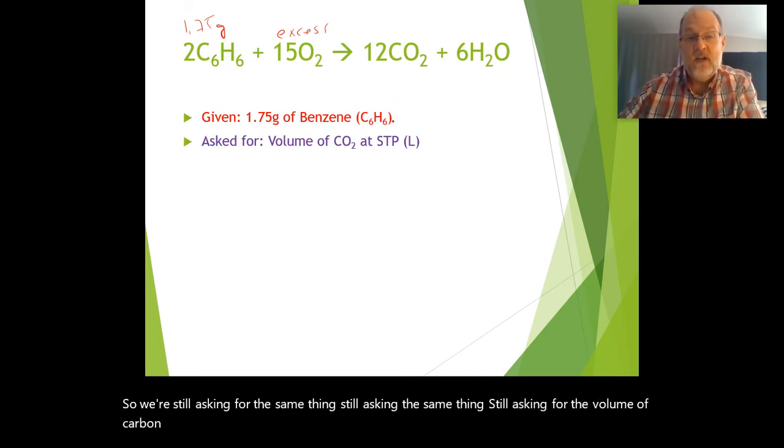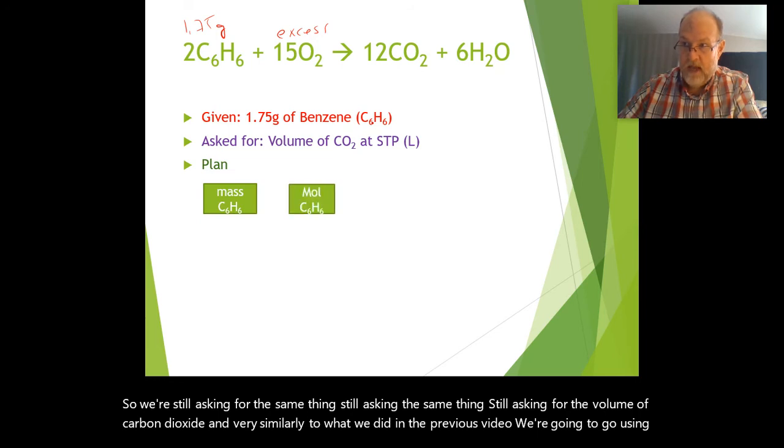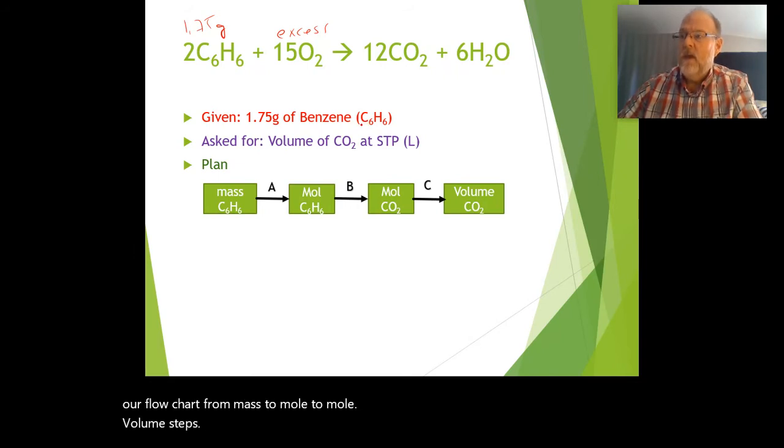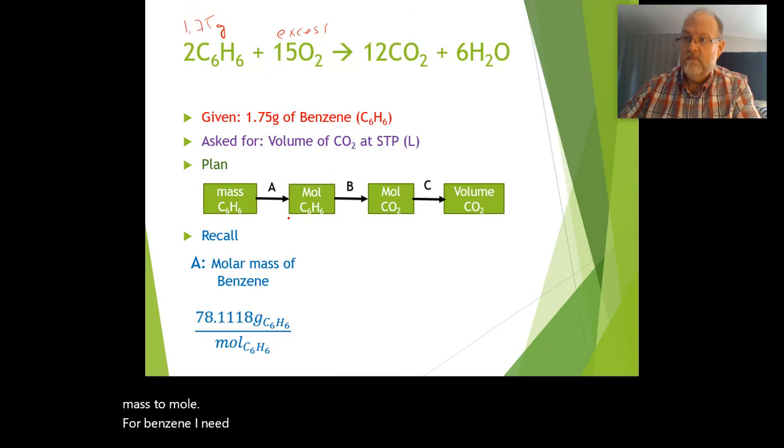Very similarly to what we did in the previous video, we're going to use our flowchart from mass to mole to mole to volume. We're going to do it in a series of steps. So I'm going to break this down real fast and start extracting some information. To go from mass to mole for benzene, I need the molar mass of benzene.